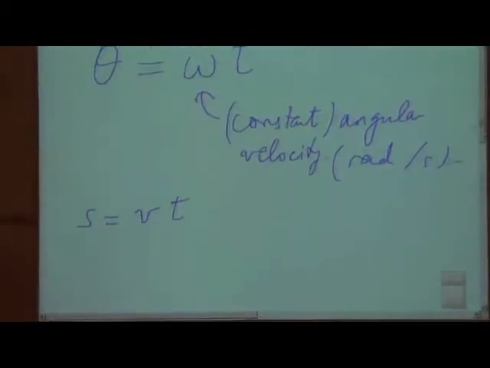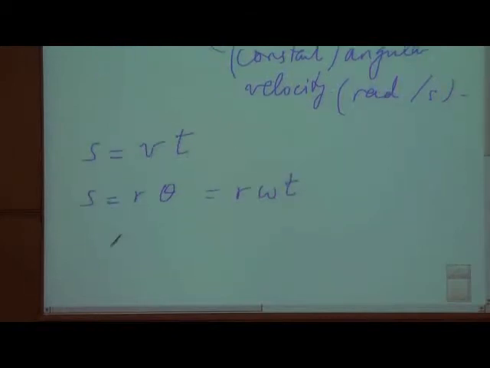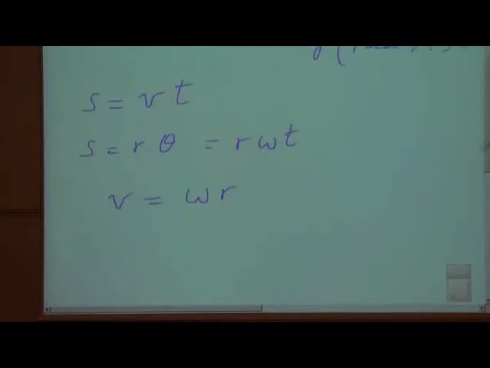Now, the total distance gone, S, along the circle, is the speed v times t. But at the same time, S is r times theta, which, for uniform circular motion, is r times omega times t.